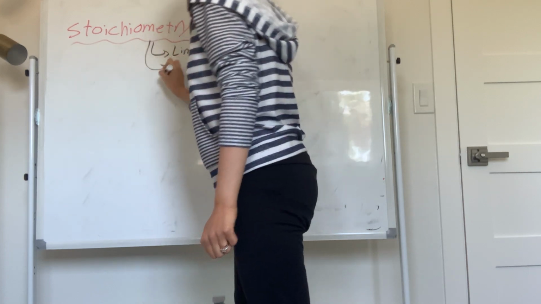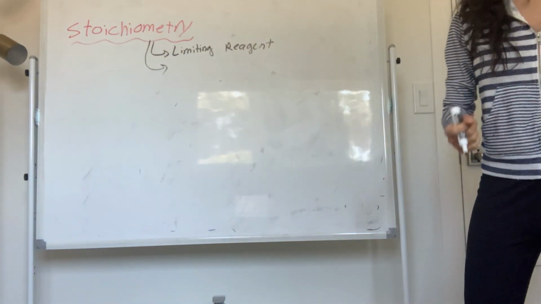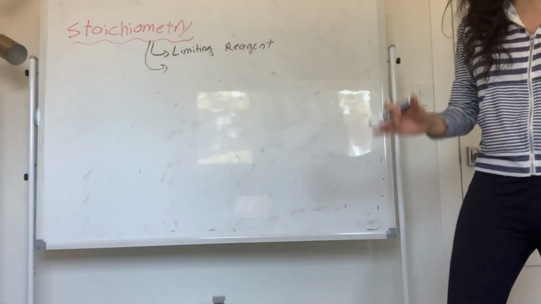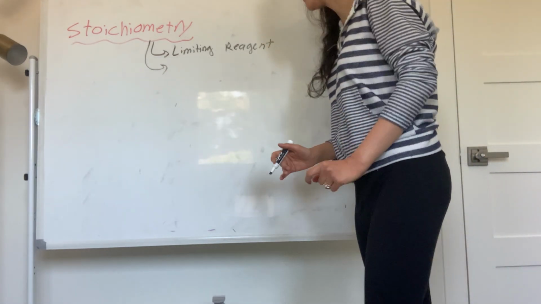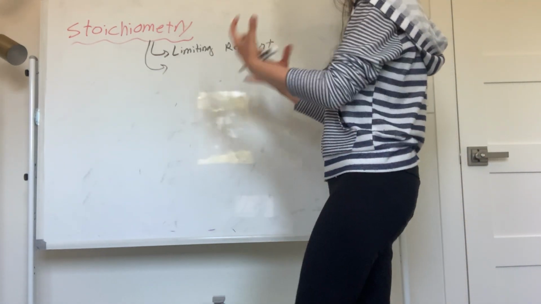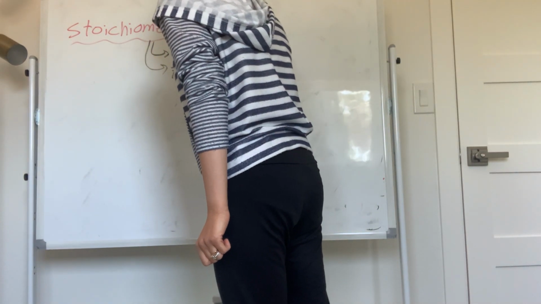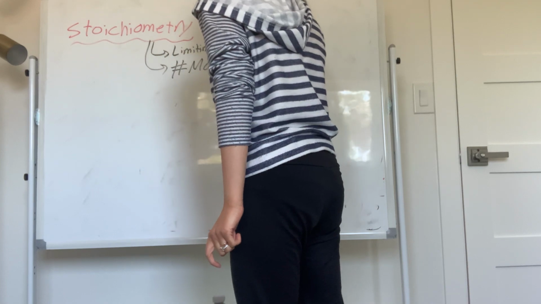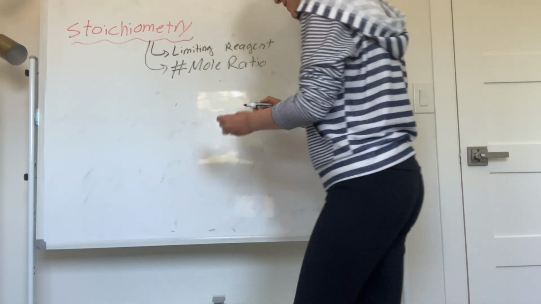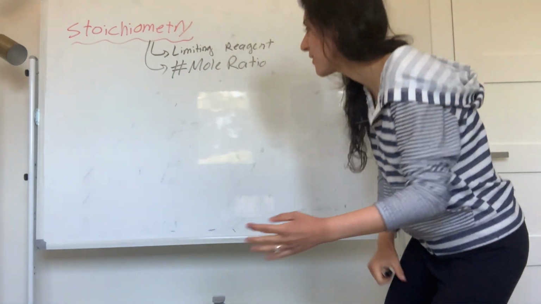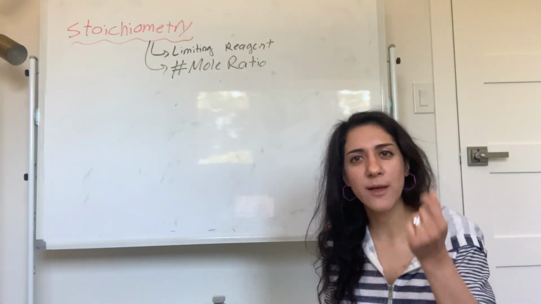And the second thing about stoichiometry, I'm hoping you remember, was that when we do stoichiometry, what really matters, and the way I teach this in my Chem 1A, I give it a hashtag just to give it the importance that it needs. Hashtag mole ratio. Yep, you gotta give it a hashtag because it really deserves a hashtag. A lot of time when we do stoichiometry, we have to use hashtag mole ratio.